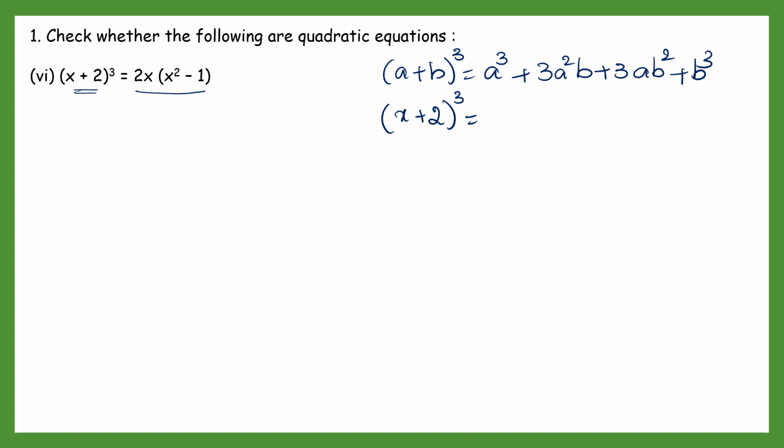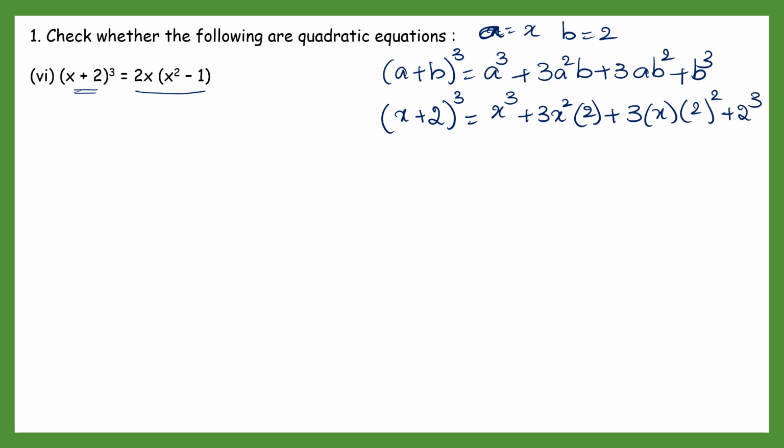Let's solve this first. If you compare with a plus b whole cube, a is equal to x, b is equal to 2. a cube, that means x cube, plus 3a square b, 3 into x square into 2, plus 3ab square, 3 into x, b is 2 square, plus b cube.